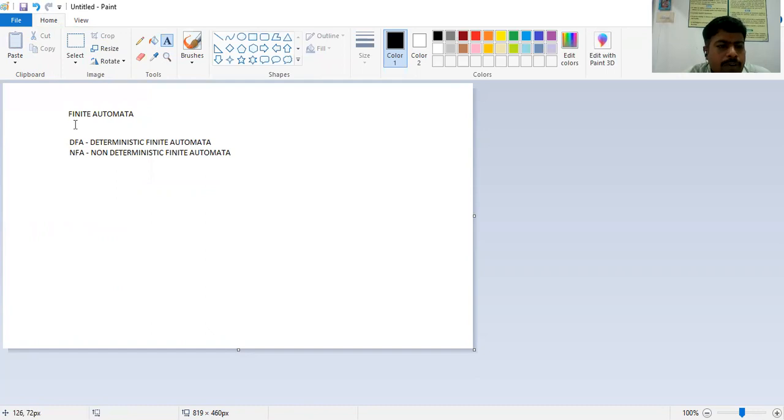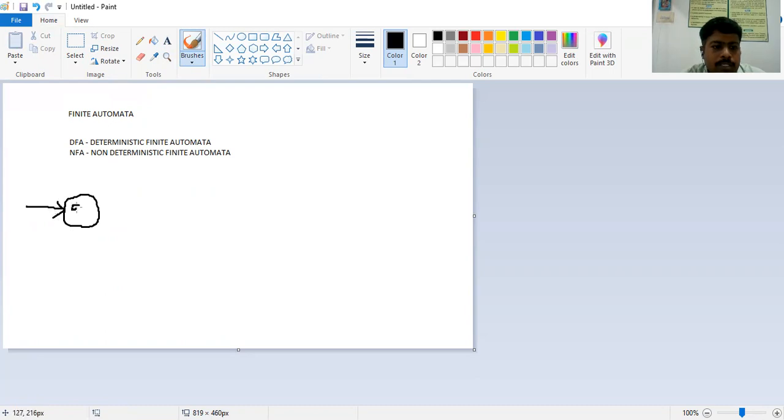Finite automata has 5 different kinds of tuples, and all 5 tuples are available in your DFA as well as NFA. But we want to see the major difference between NFA and DFA. So DFA in the sense, this is my state, and this is my start state, the one with the free incoming edge.